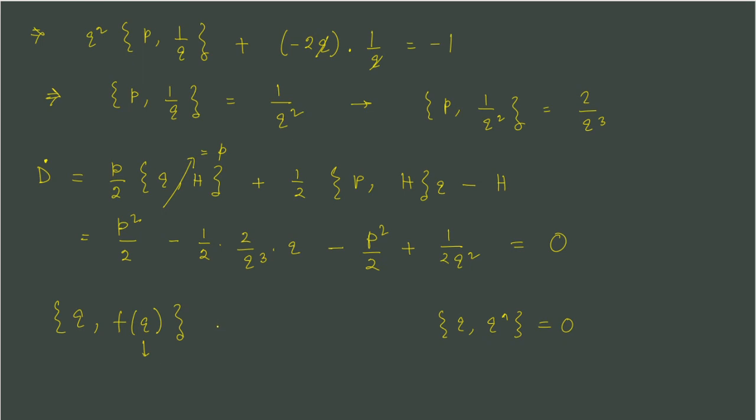The only trouble with this Taylor expansion is you often do the Taylor expansion about Q equal to 0. But if you have a form of 1 by Q or 1 by Q square, a Taylor expansion about Q equal to 0 is not very wise, simply because at Q equal to 0 the function itself diverges.